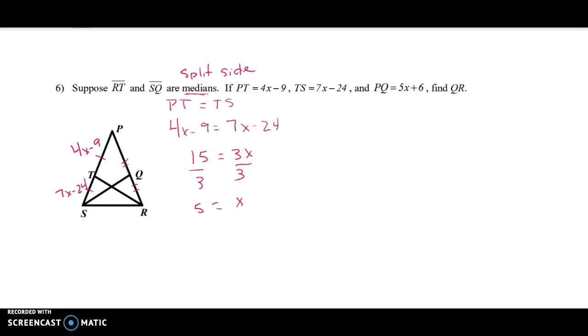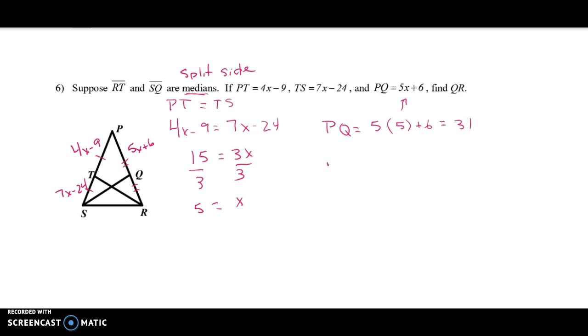We do know that PQ equals 5x plus 6. Do we know what x is? Yes, we do. So we know that PQ equals 5 times 5. That's what x is. Plus 6, right? So this equals 31.